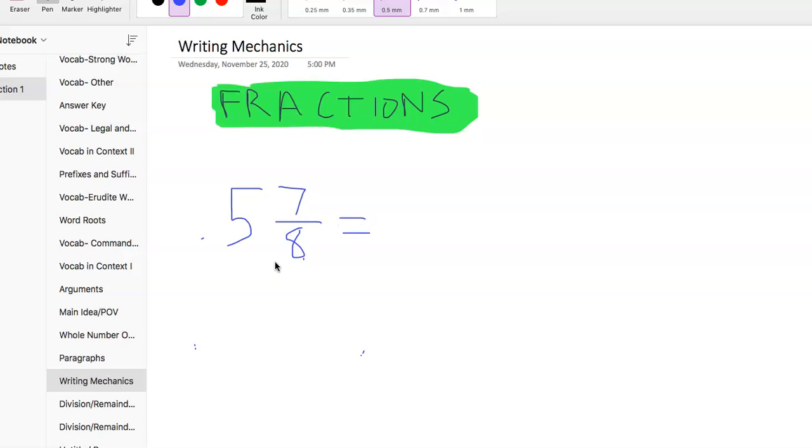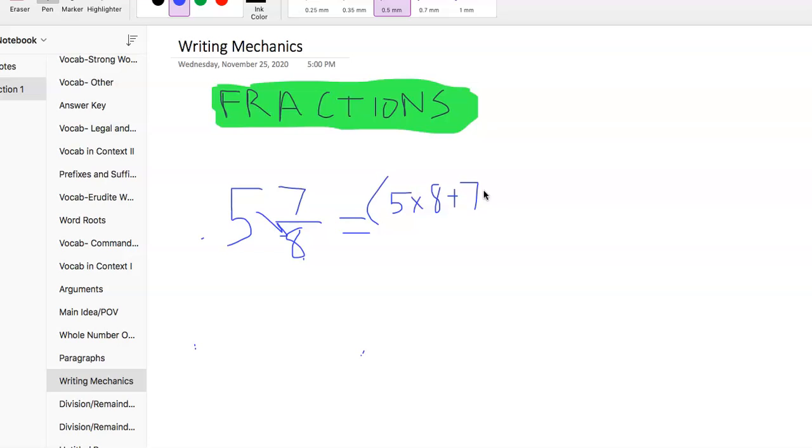Okay, so pretty simple here, really. So all we do is we go this whole number times the number in the denominator, which in this case is 8, plus the number in the numerator, which in this case would be 7. Okay, so that's all going to be in the top, so it's going to be 5 times 8 plus 7.